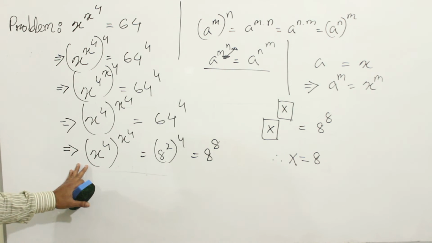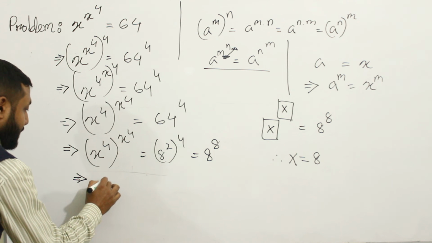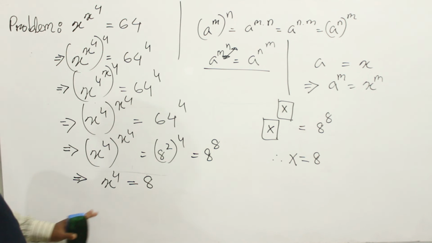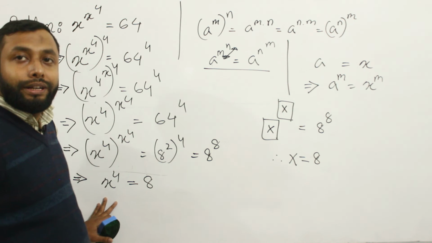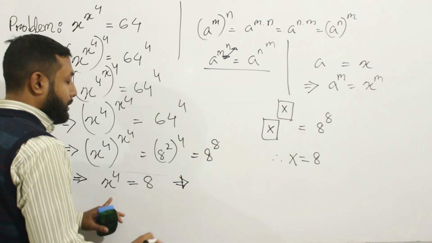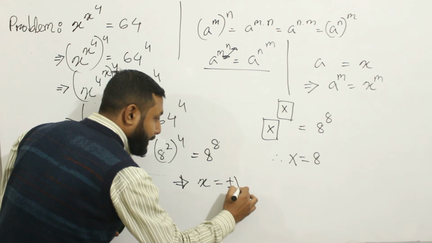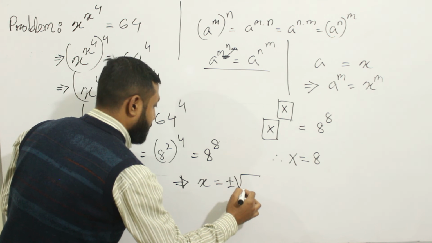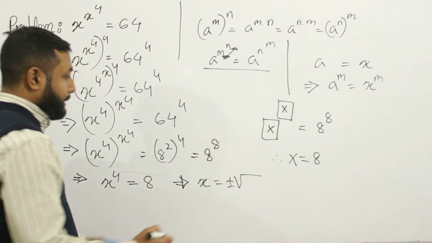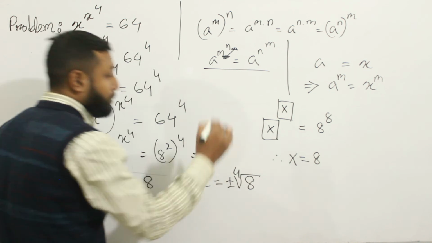So now what can we do? We can state this equation, x to the power 4 is equal to 8. If we want to find the value of x, then we can rewrite that x is equal to plus minus the fourth root of 8.